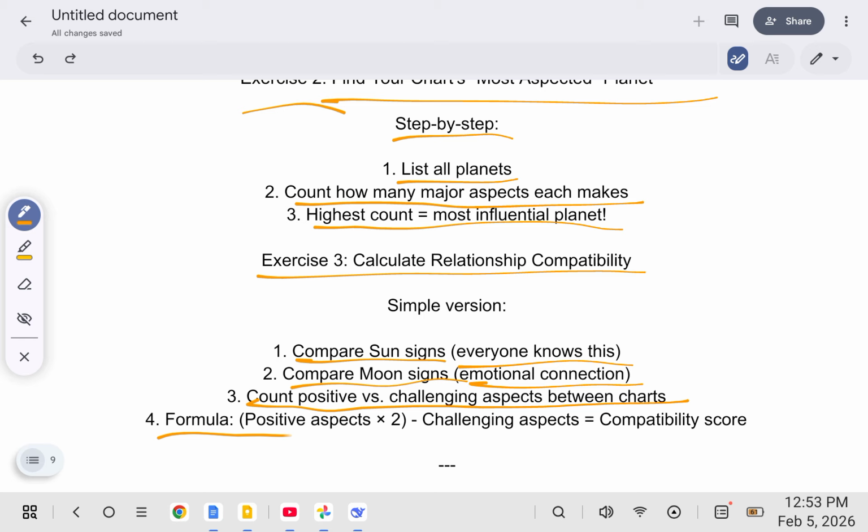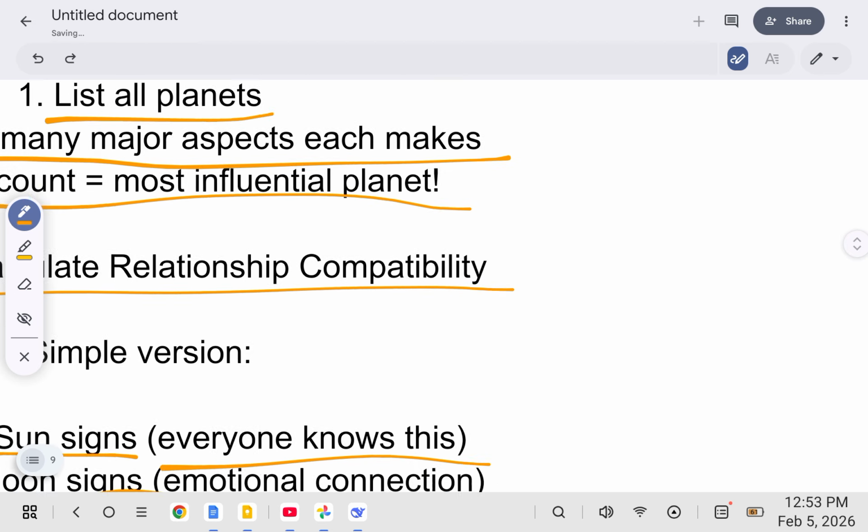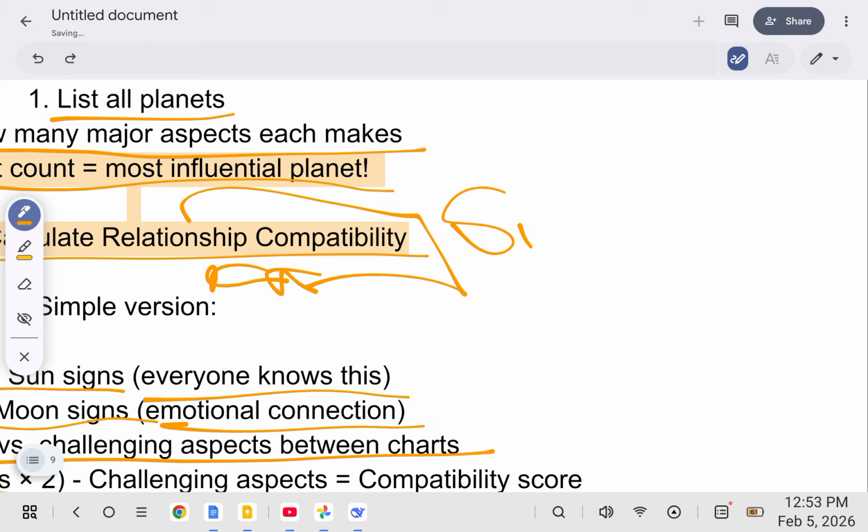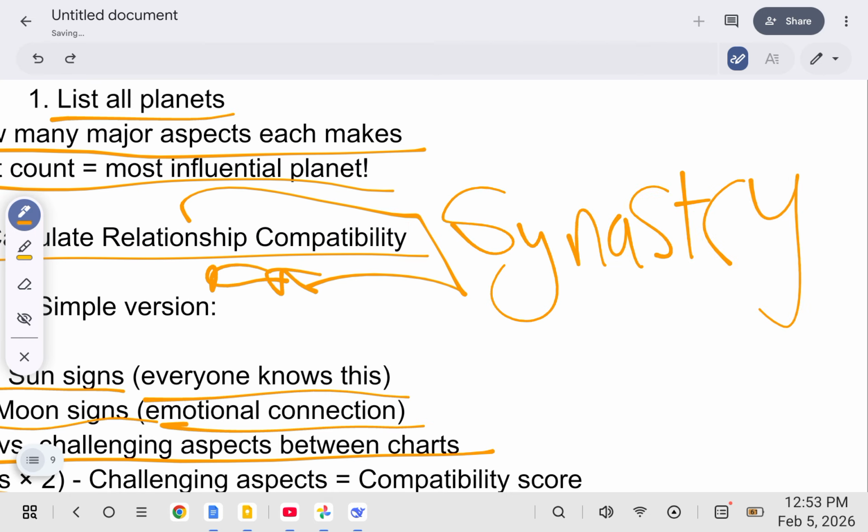And formula, positive aspects multiplied by 2, subtracting challenging aspects equals compatibility score. Essentially, when we're talking about relationships and compatibility, we're talking about your synastry and your composite charts.